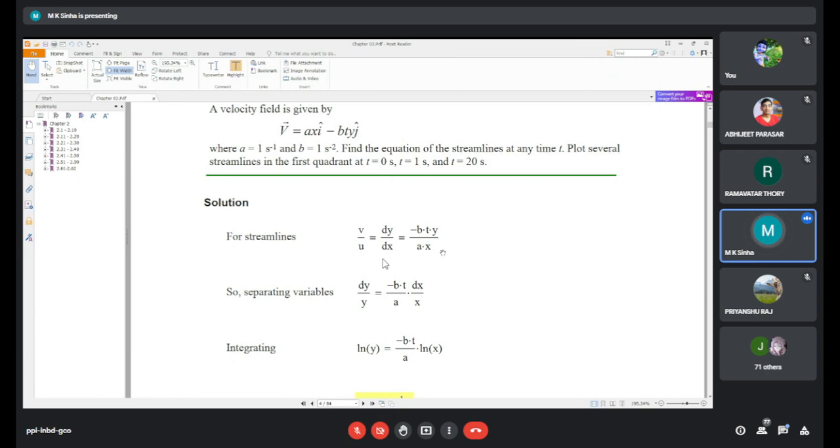Separating the variables, dy/y equals minus bt/a times dx/x.